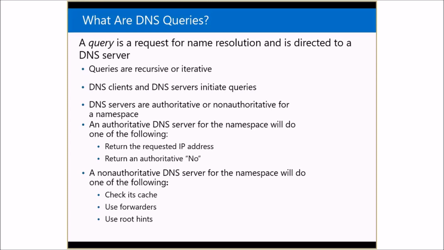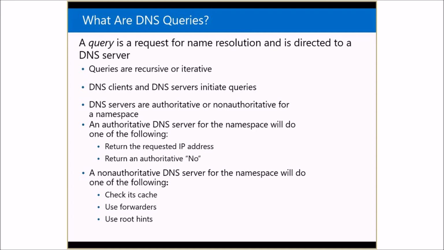It really doesn't know much about google.com except for what it's going to learn from the DNS system through the root servers and so forth. So therefore, when it gives you the answer, that is non-authoritative. You get me, guys? All right? So it's heard it from someone else. So DNS servers are authoritative or non-authoritative for a namespace. So an authoritative DNS server for a namespace will do the following.